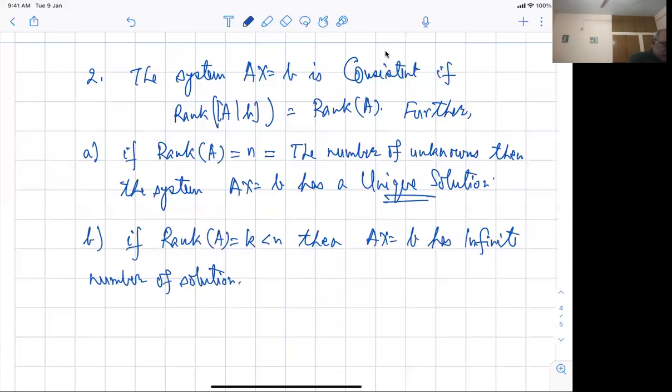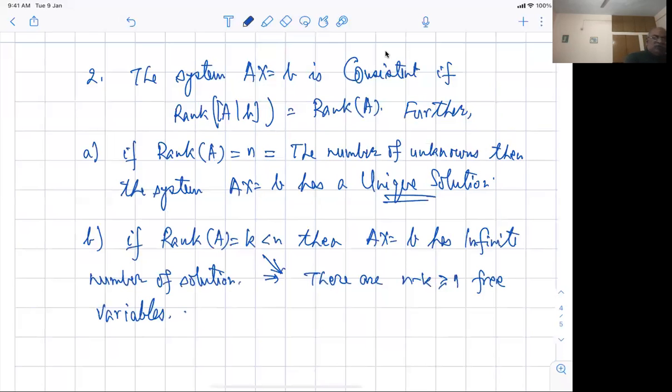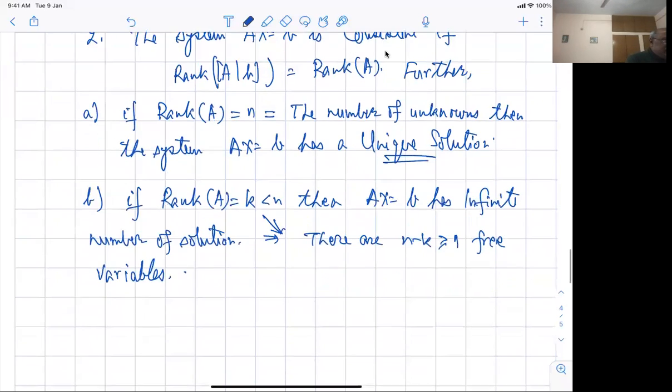Basically because this implies that there are n minus k greater than or equal to 1 free variables. All right, and free variables will lead you to the form that I have in this case.